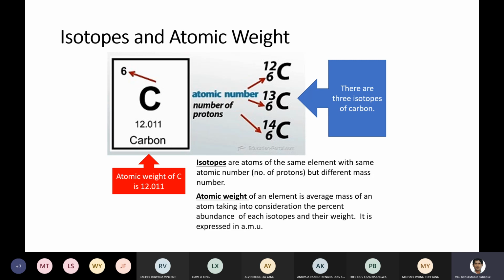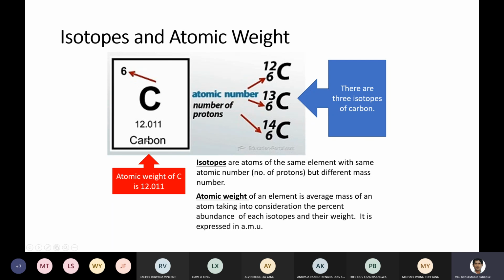So the proton number cannot be changed. However, the total mass number can be changed. The atomic weight can be changed, and that atomic weight is the summation of the proton weight plus the neutron weight.